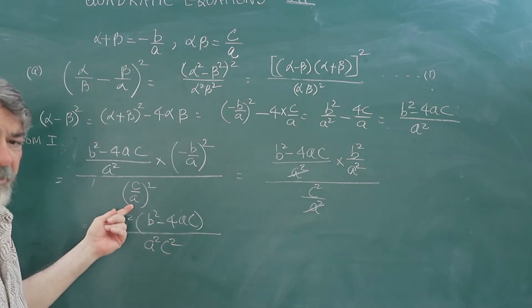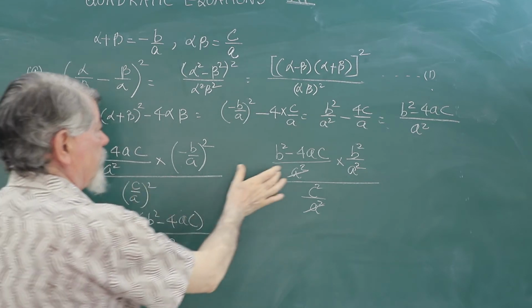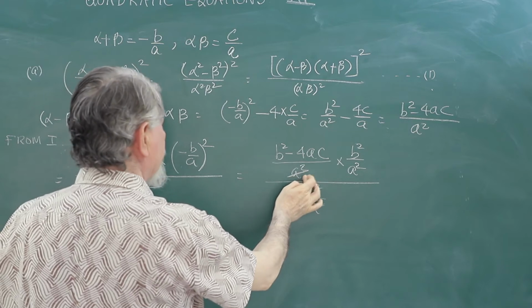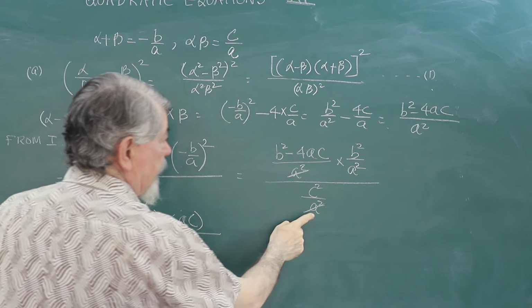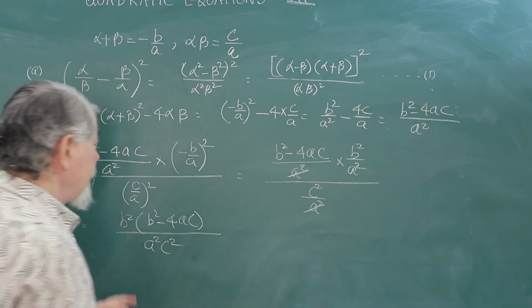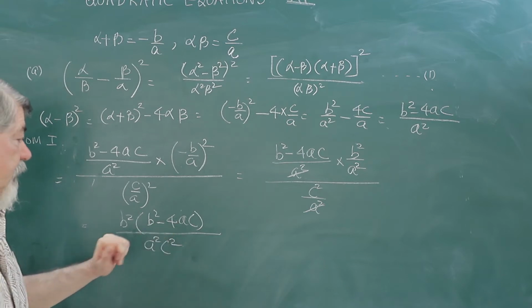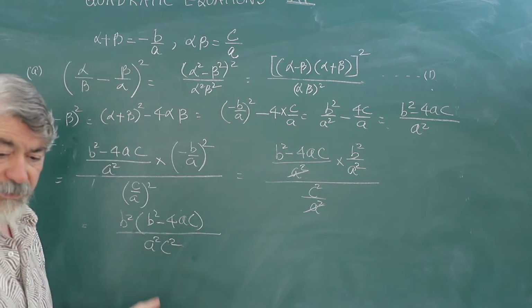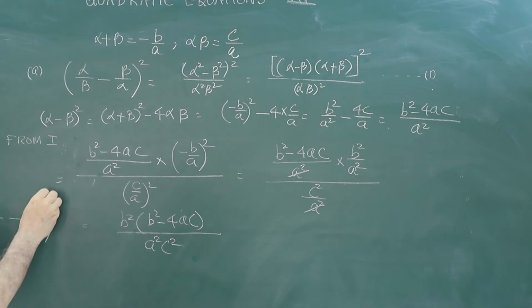Alpha beta is c upon a whole square. So when we solve it, b square minus 4ac upon a square, b square upon a square, and c square upon a square. A square will cancel, and finally you will get b square into b square minus 4ac upon a square c square. This is the value of alpha upon beta minus beta upon alpha whole square.